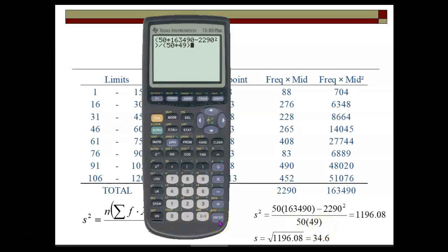And then when I hit equals or enter, it comes out as 1,196.08 and so on. So that number right there is the variance.